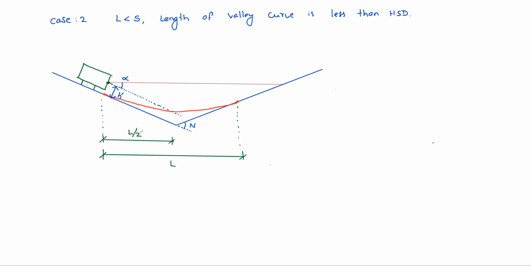Now S distance, S is nothing but here up to this is the S value, the side distance. Okay.